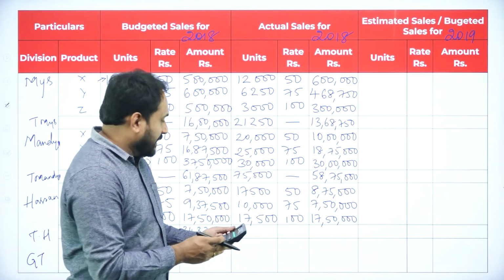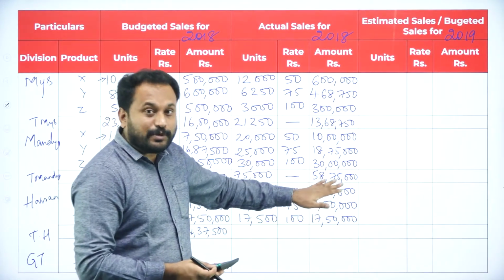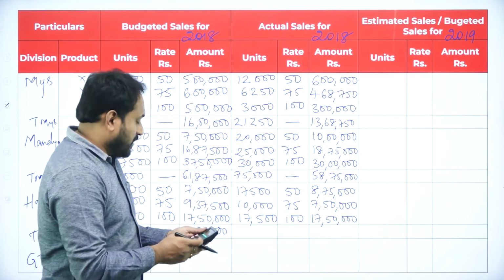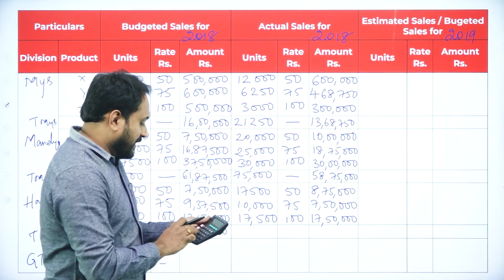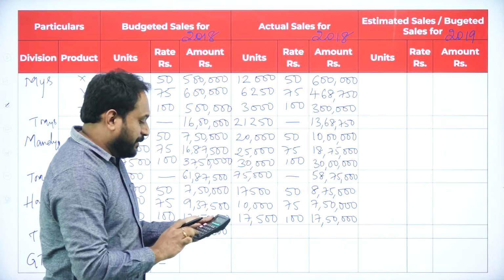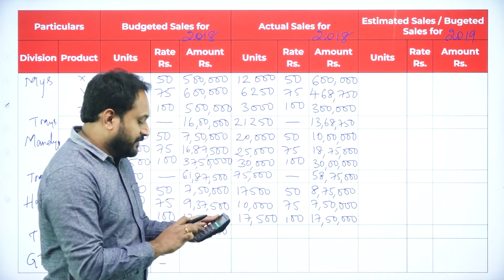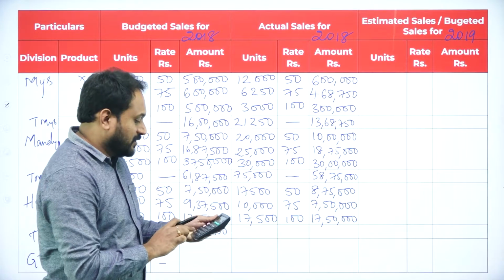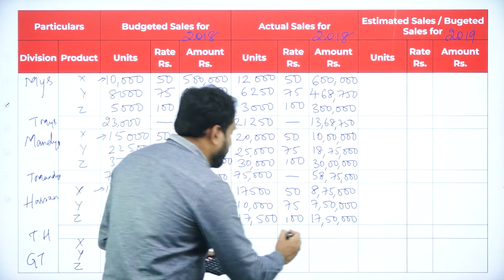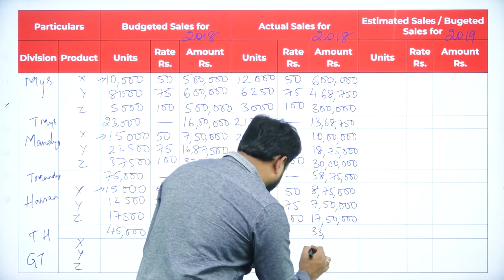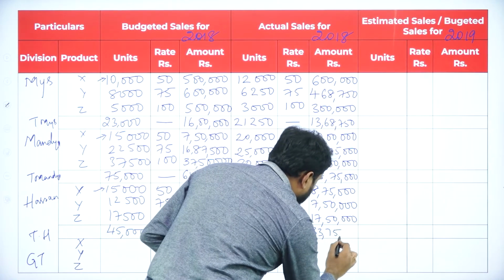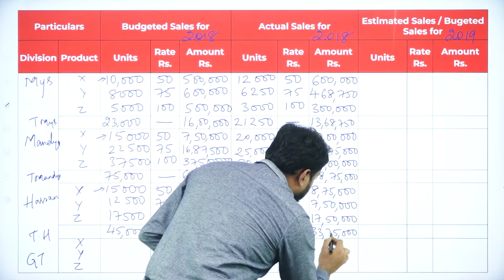Now we need to multiply it. Sorry, we are supposed to add it. It's a very big problem, students, but I'll tell you, you will definitely get 15 marks if you have that patience of solving it. So we got here 33 lakh 75,000.